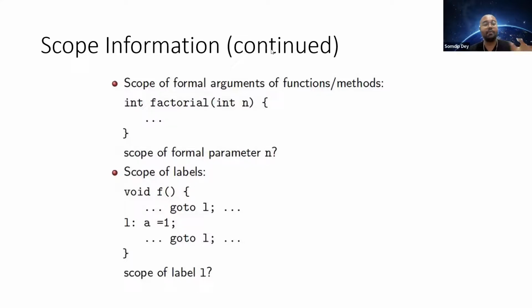If the labels are within the function, then it will be limited to that scope or portion of that particular function. Does that make sense, Matthew? So again, it depends on how the program is written as well. That's why we will be going through a few more examples to see.